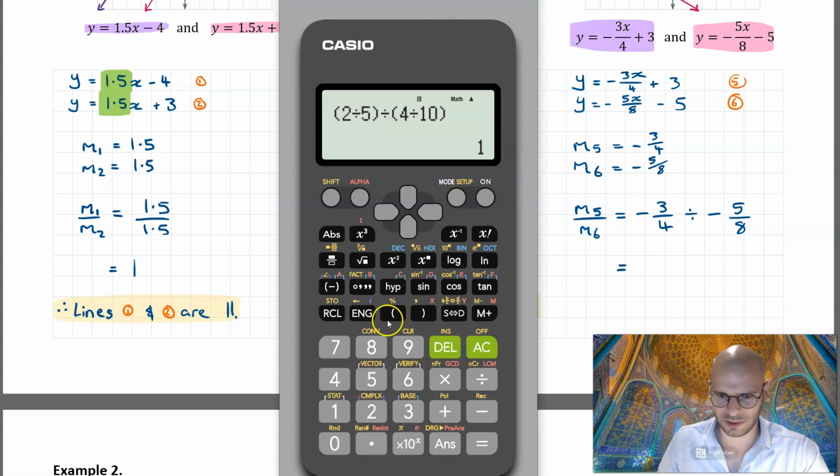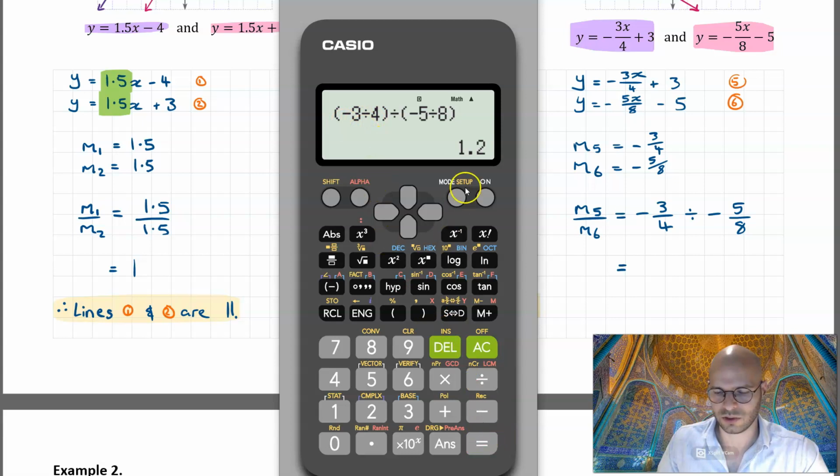I go open brackets, negative 3 divided by 4, close it off, divide, and then negative 5 divided by 8, close it off. With the negative, it doesn't matter if it goes on the 5 or the 8, so long as I put it in there once.